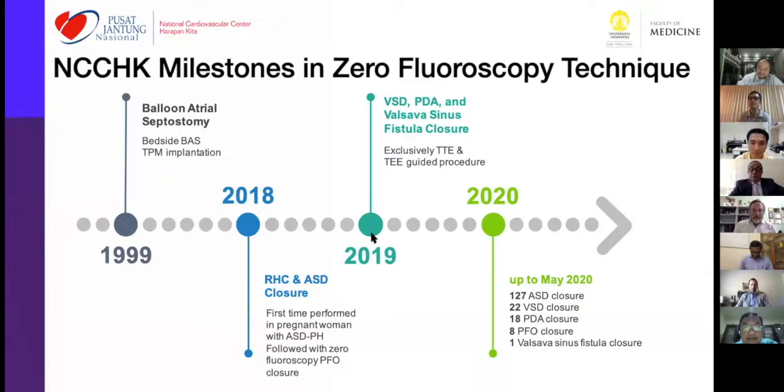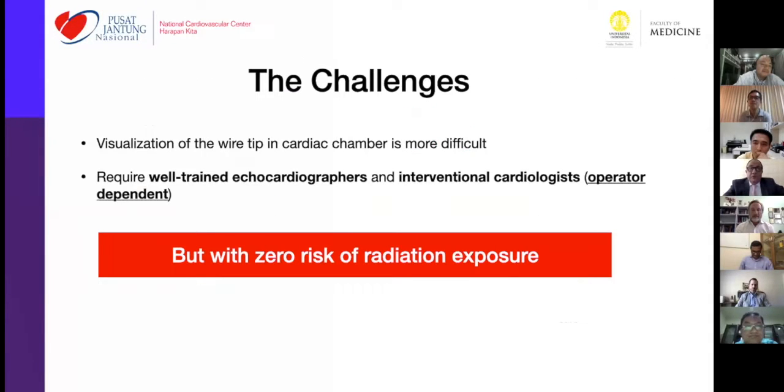From 2019, it was used for VSD, PDA, and sinus of Valsalva fistula closure. Up to now, there have been plenty of interventions using zero fluoroscopy. The biggest part is still ASD closure. For VSD closure, we have conducted 22 cases so far.